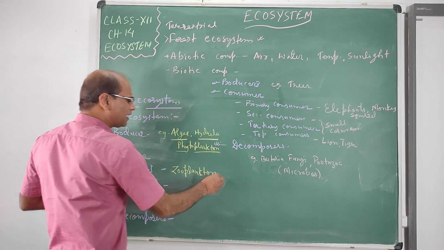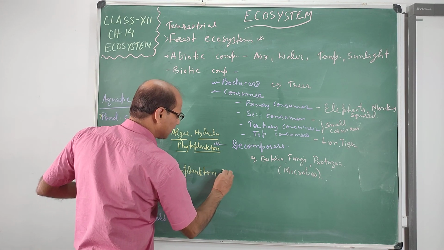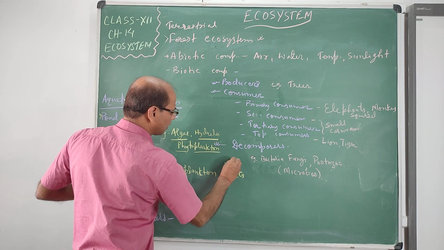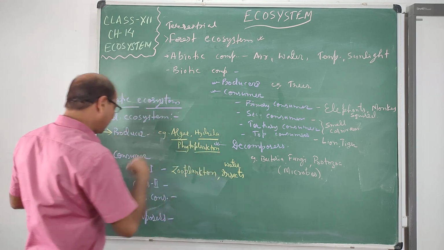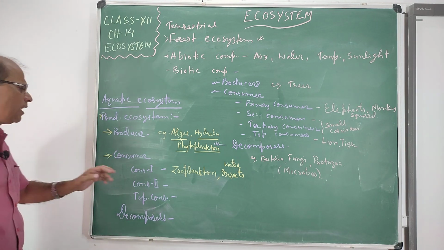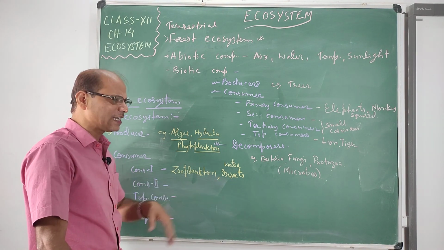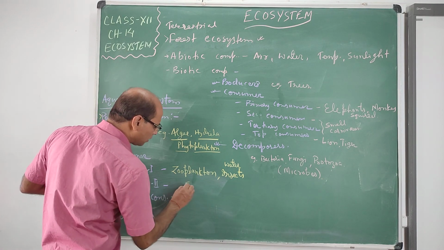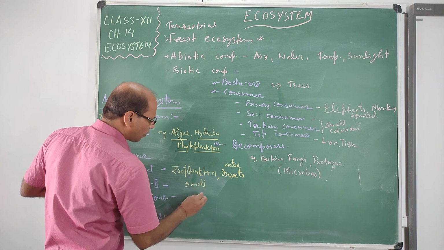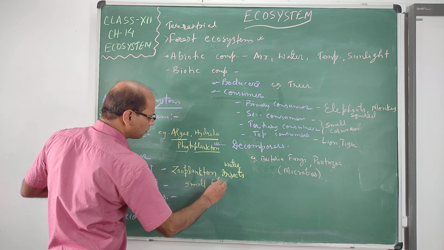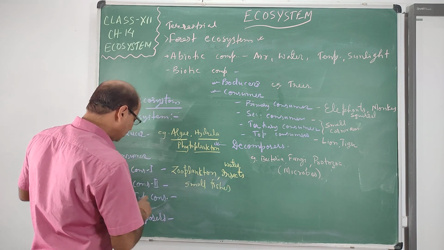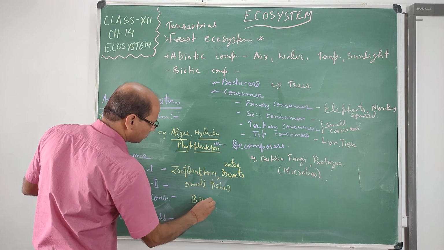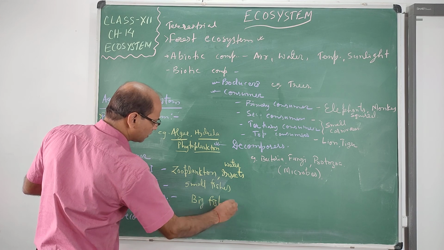And some water insects, aquatic or water insects, are also able to feed on them. So consumer 1 is the zooplankton or water insects, then fishes, and top consumers are big fishes.